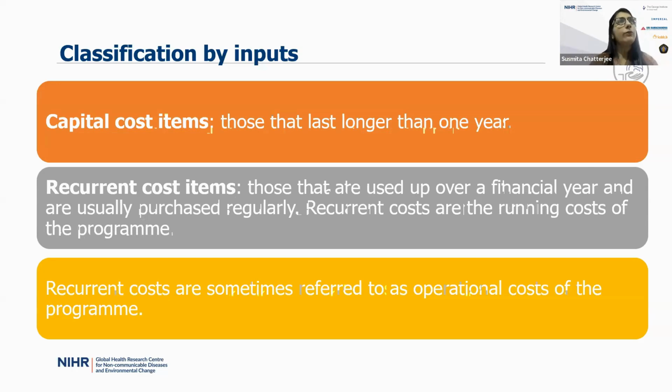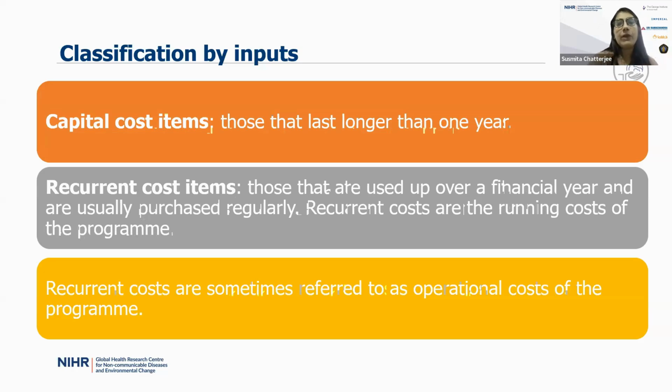So think of any program. When you do the costing of any program, you have to identify your inputs in two different ways. One is your capital items, and another is recurrent items. Capital items are generally those which last longer than 1 year. Anything which lasts longer than 1 year is a capital item.